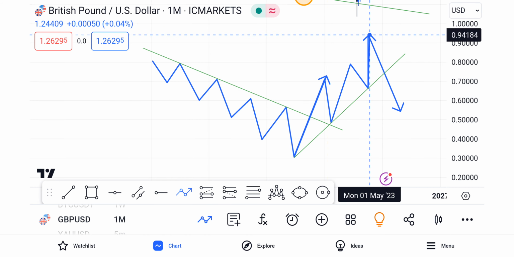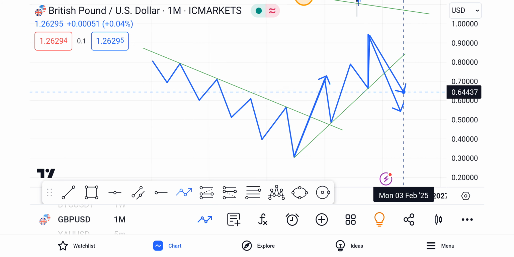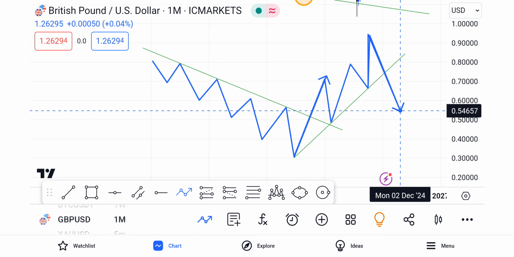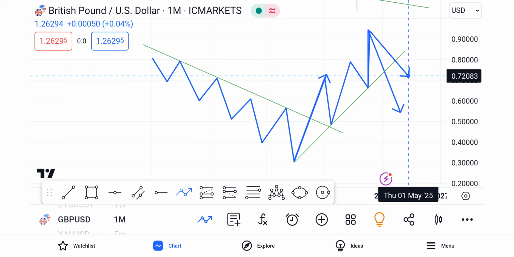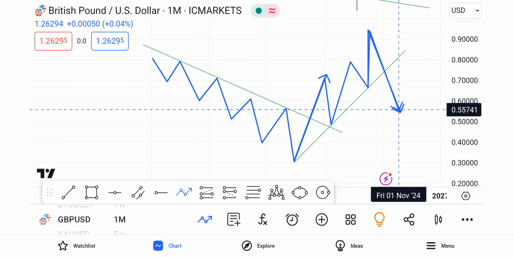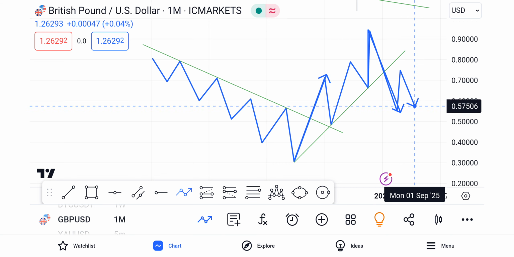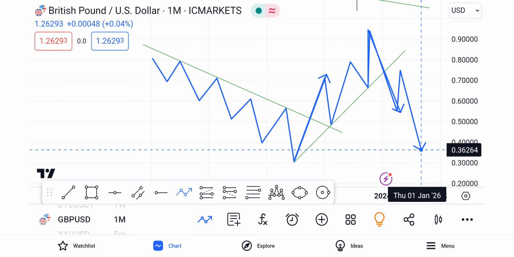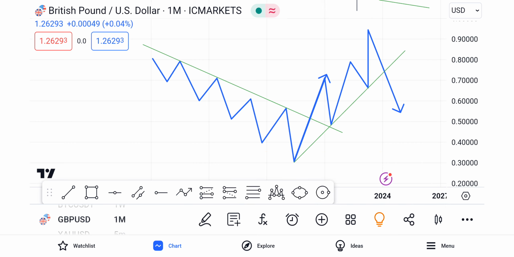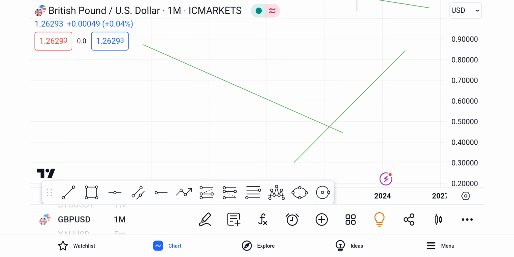So we have a scenario where the market pushes up, comes down, then breaks structure to the downside, pulls back to the upside, maybe gives a retest, maybe does not give a retest, and it continues like that. So you have to note all of that. If you are not taking down notes, please make sure you do take down notes.